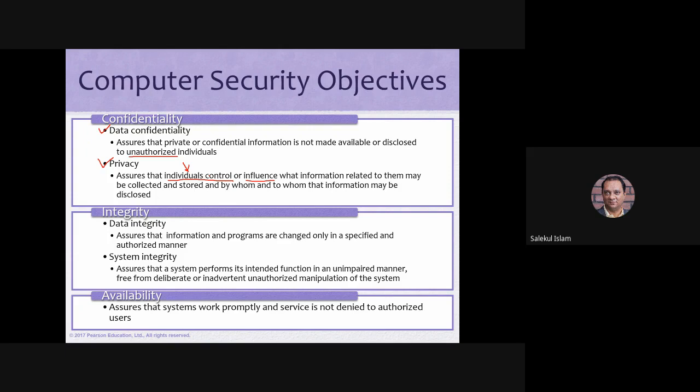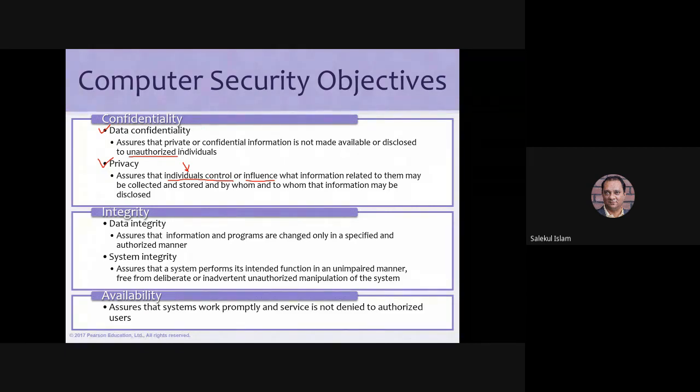Okay, so not only will I control who gets access to my data, on top of that I will also control what portion or what kind of information will be available to them.